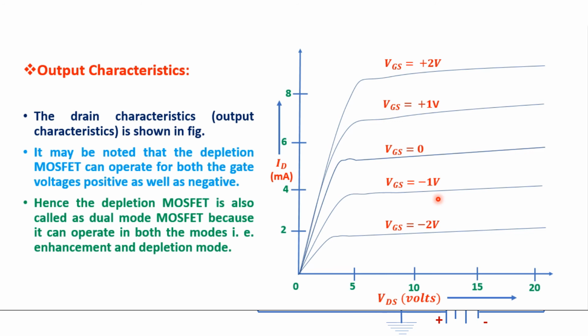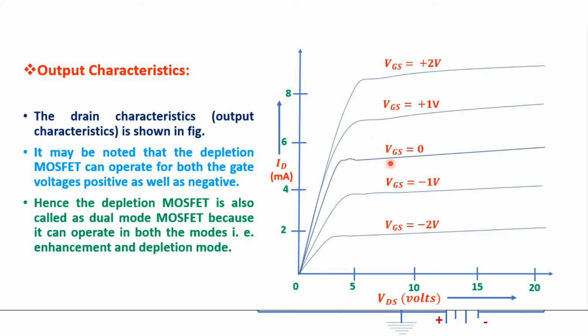So as far as the output characteristics of this particular depletion MOSFET is concerned, you can see it is the variation of drain current with the drain to source voltage. That means as we vary this drain to source voltage, accordingly there will be variation in drain current, where we keep the gate to source voltage at a fixed value.